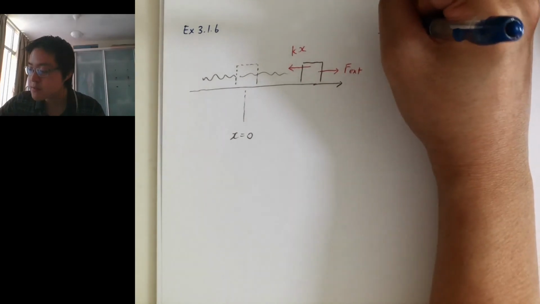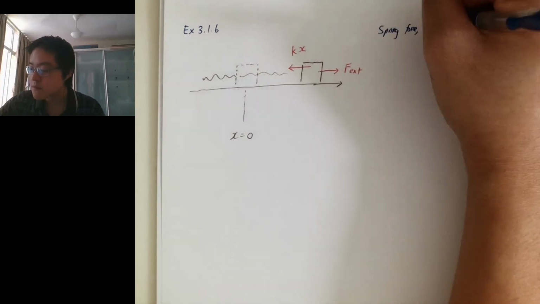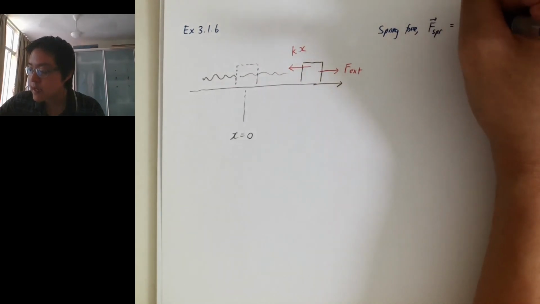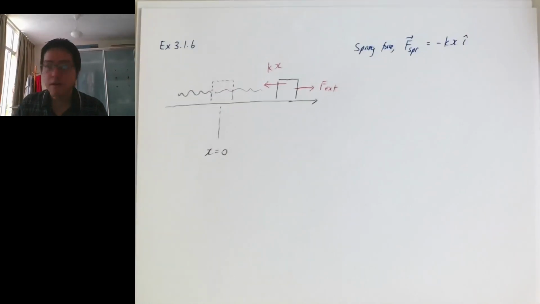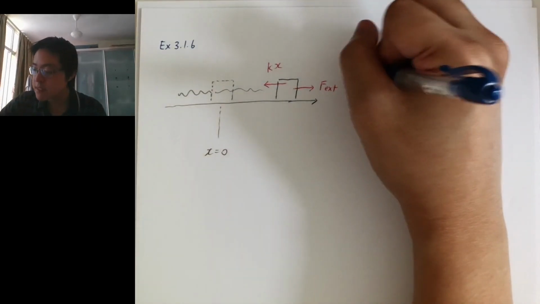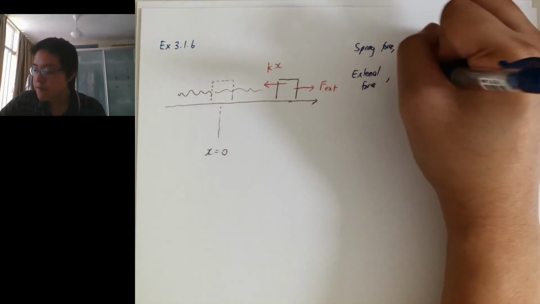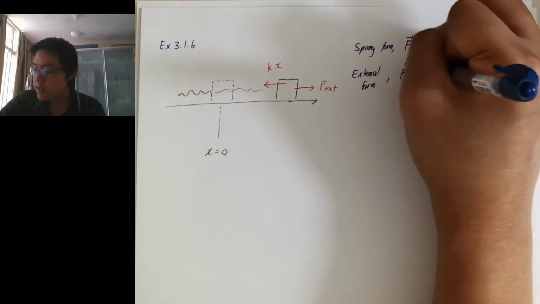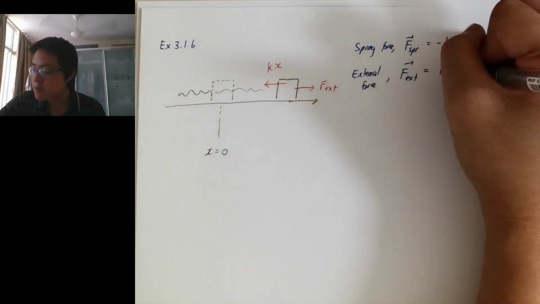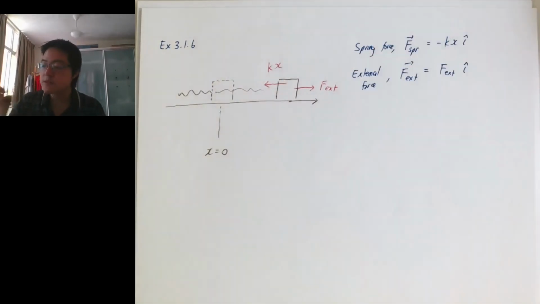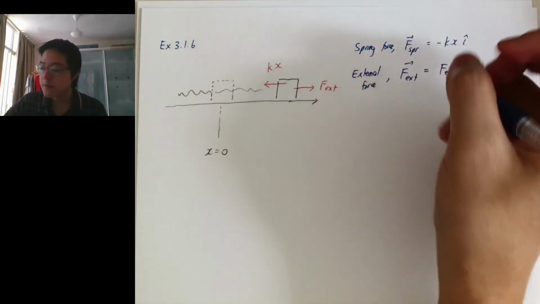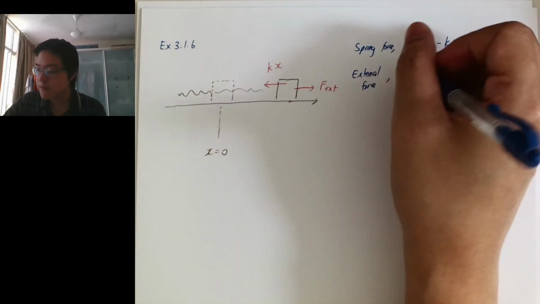The spring force F spring is acting to the left, kx i. Then I have the external force, which I call F ext. It is some magnitude acting towards the right. Now, let me first write the net force.